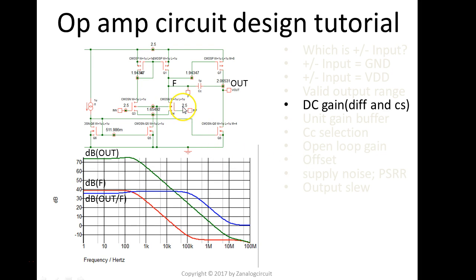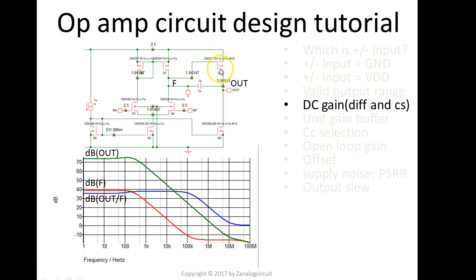Now, next one is the DC gain. We talked about this before in the other video. This amplifier is actually two-stage. The first stage is the differential input stage, and its gain is about 100 or so. The second stage is here. It's a common source stage with a PMOS input transistor.